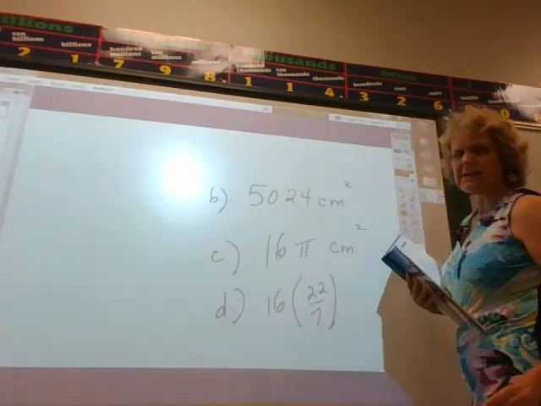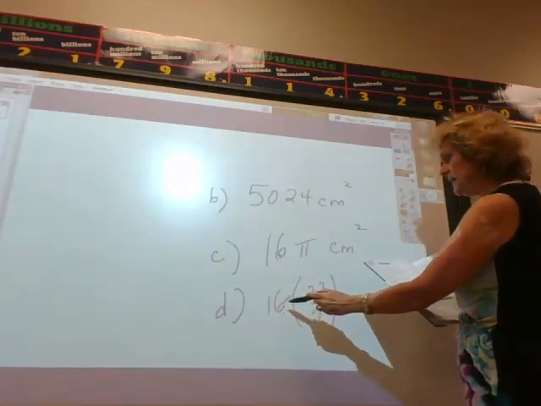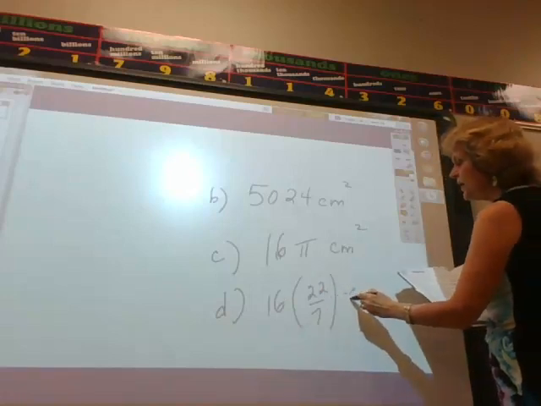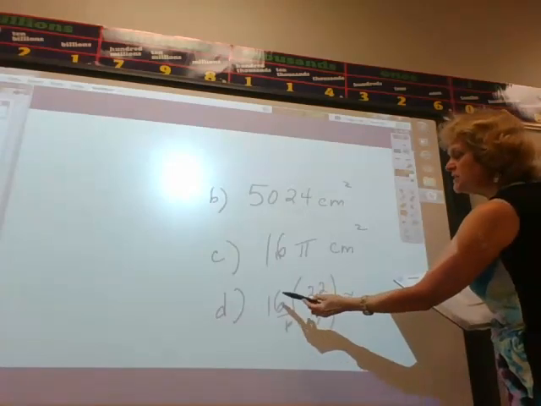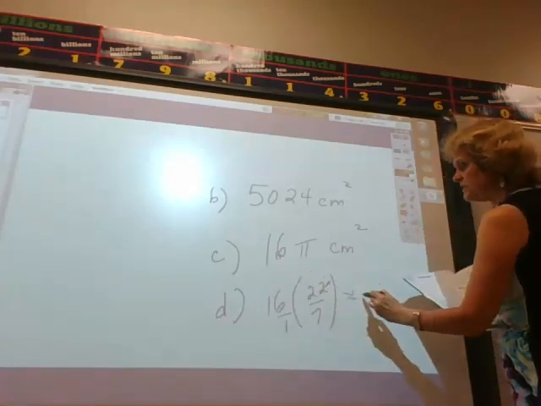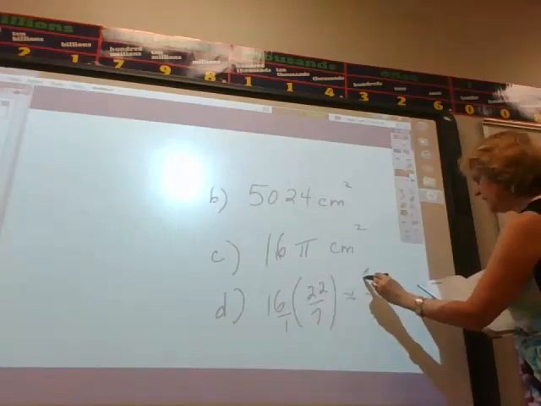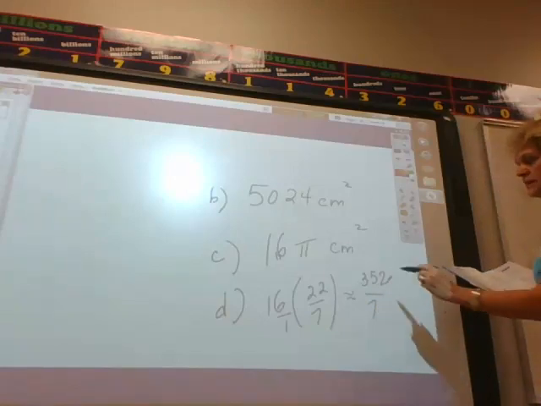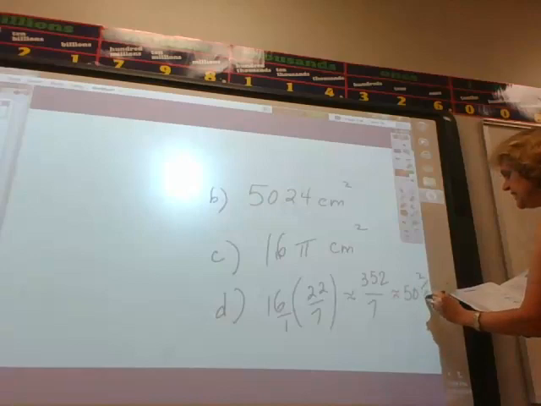We really don't like using that when this is not a multiple of 7, but it doesn't mean you can't. So we'll multiply 16 by 22/7, nothing cancels, and I believe you're going to get 352/7. You can leave it like this, or you can make it 50 2/7.